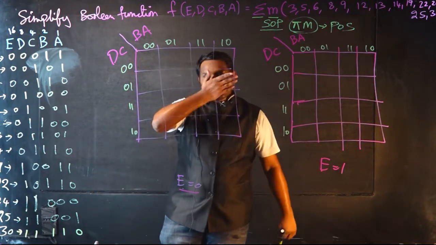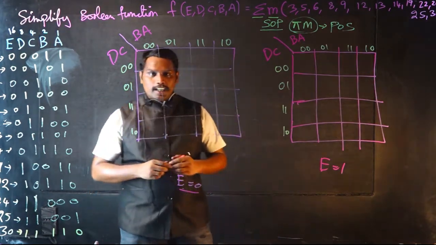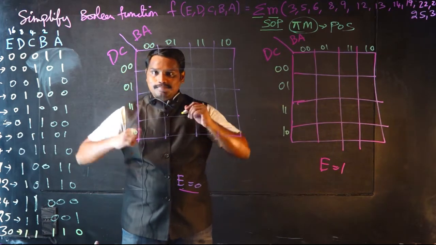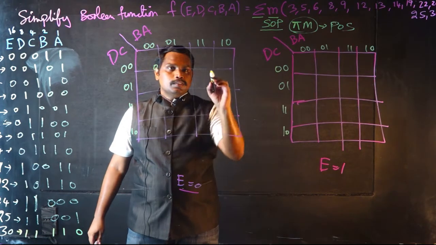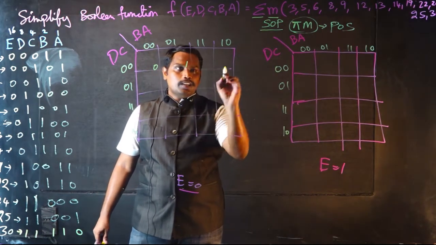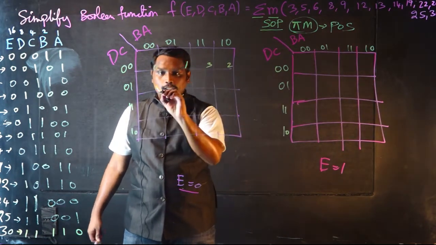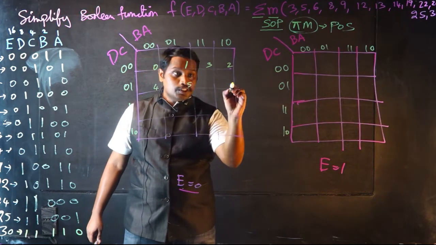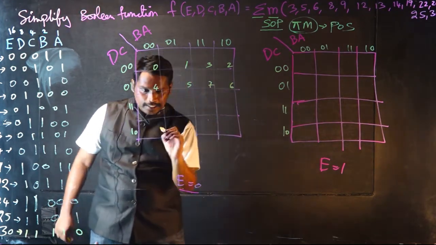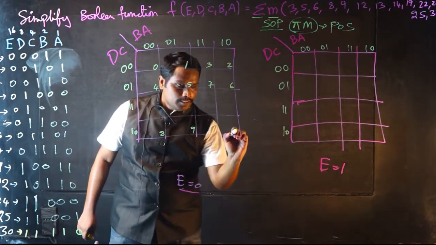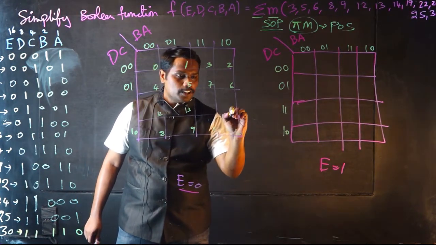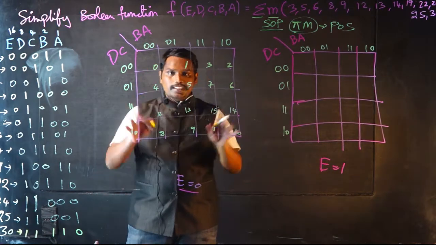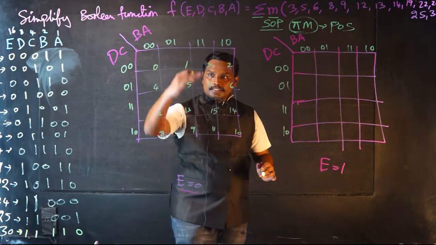As you are aware of how to plot a 4 variable Karnaugh map, here you can see position 0, position 1, position 2, position 3, position 4, position 5, position 6, position 7, and then at the end 8, 9, 10, 11, and then 12, 13, 14, and then 15. This is how you have placed the first 16 cells in the first Karnaugh map.